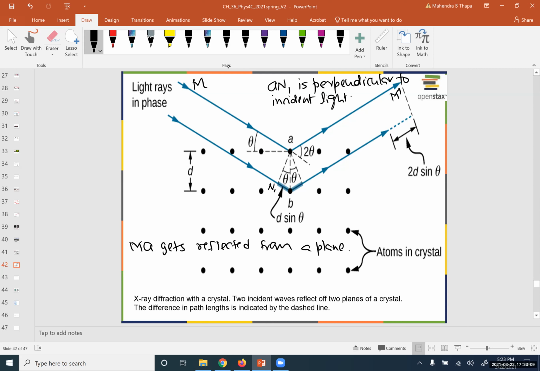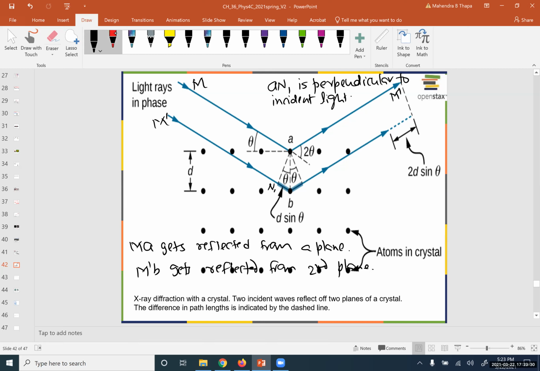The second ray, m prime b, gets reflected from the second plane.